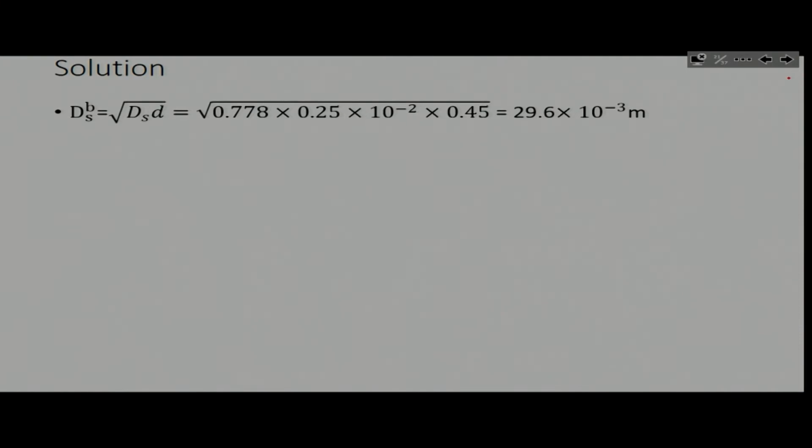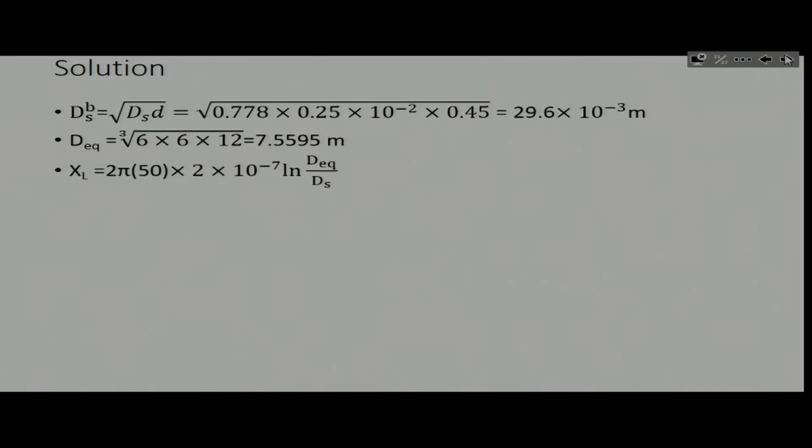Because it's a 2-bundle system, Ds for the bundle is going to be the square root of ds times d, which is 0.778 times 0.25 times 0.45, and that gives us 29.6 times 10 to the power of minus 3. The equivalent distance of the 3 phases is the cube root of 6 times 6 times 12, which gives us 7.5595.